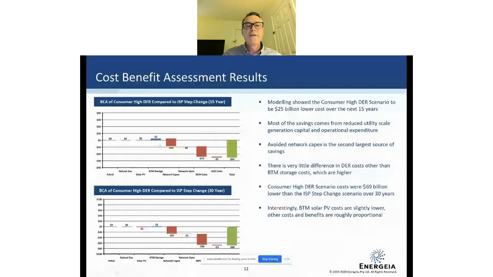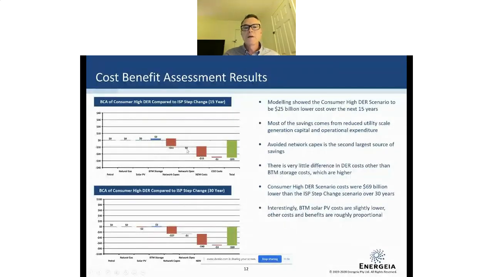So the consumer high DER scenario has a higher behind the meter storage cost, as it does here, that's $2 billion more in net present value over 15 years. Whereas the network capex, because there's a lot more substitution of behind the meter storage for augmentation in particular, but also some replacement investment, the consumer-focused future shows a much lower cost.